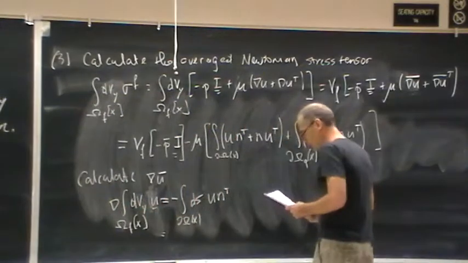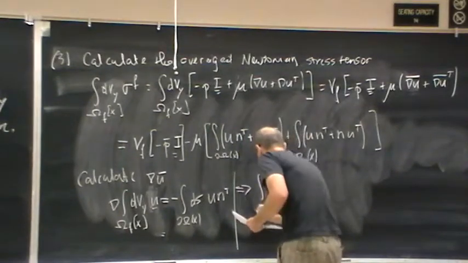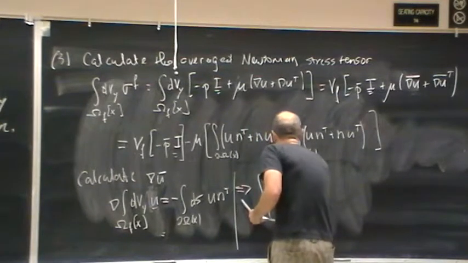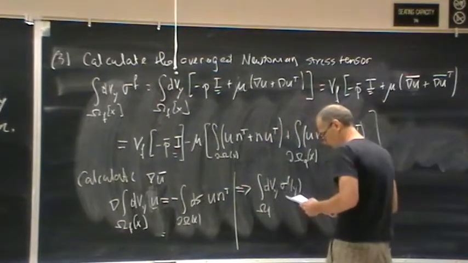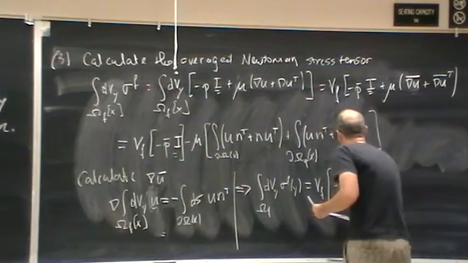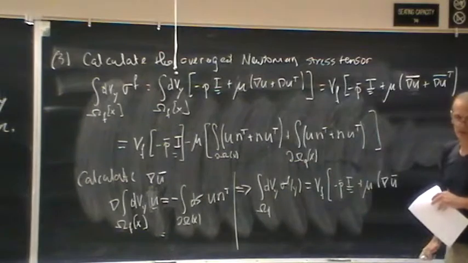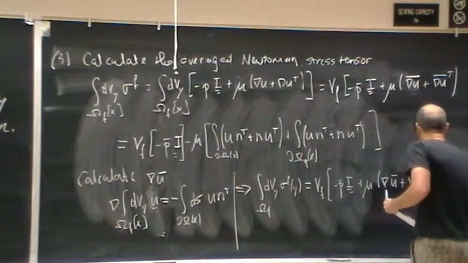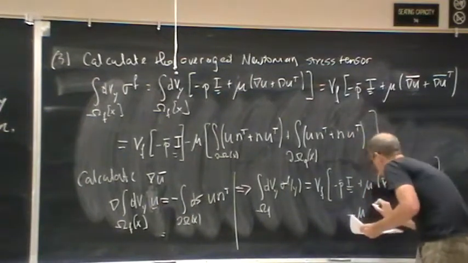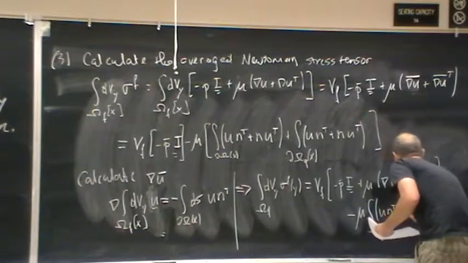And so what you can get, then, in the end, is the integral over omega f, dy, sigma f of y turns out to be Vf times minus p bar identity plus mu (grad u bar plus grad u bar transpose), not the bar of grad u, plus a boundary term minus mu integral over omega p of x and the integral over all those boundaries u n transpose plus n u transpose.